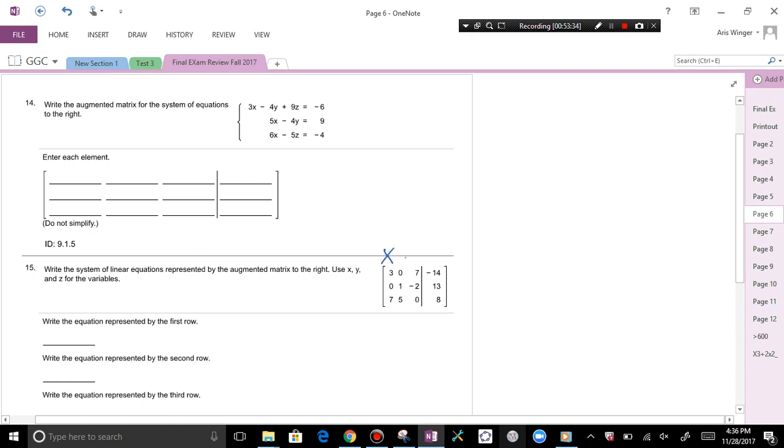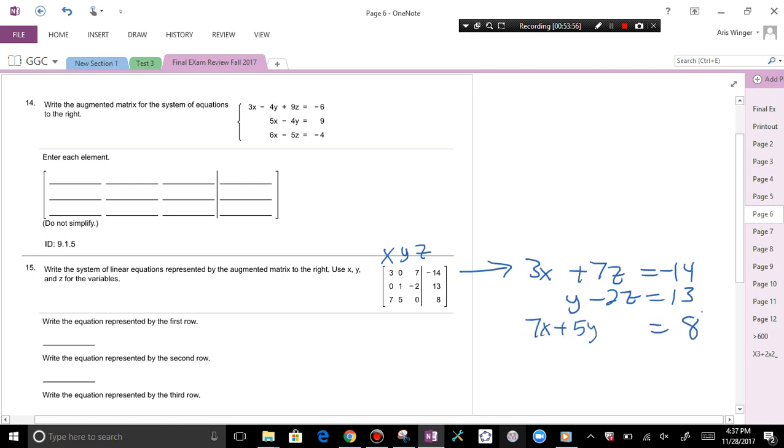This is the x, y, z. This first equation is 3x, there is no y, plus 7z equals -14. There is no x in the second equation, so there's a y minus 2z equals 13, and then the last equation is 7x plus 5y, and there's no z, and it equals 8. Right?